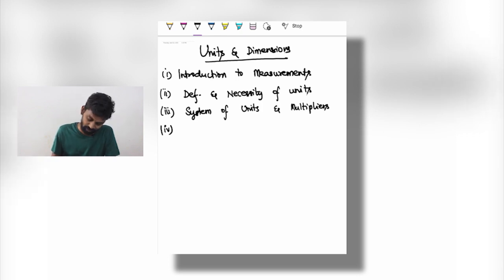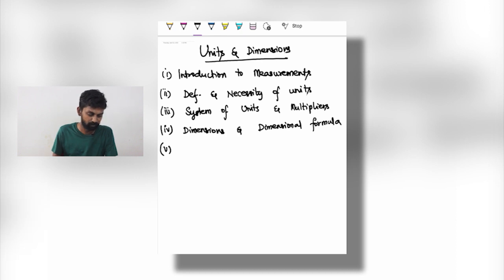Fourth one, dimensions and dimensional formula. Fifth one, applications of units and dimensions.